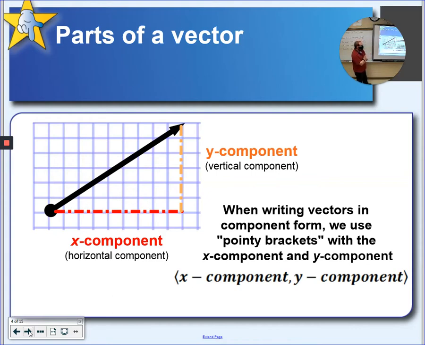Just like you would write x, y coordinates, we write x, y components, but instead of parentheses, we use pointy brackets. So for instance, looking at this vector right here, how would you notate this?